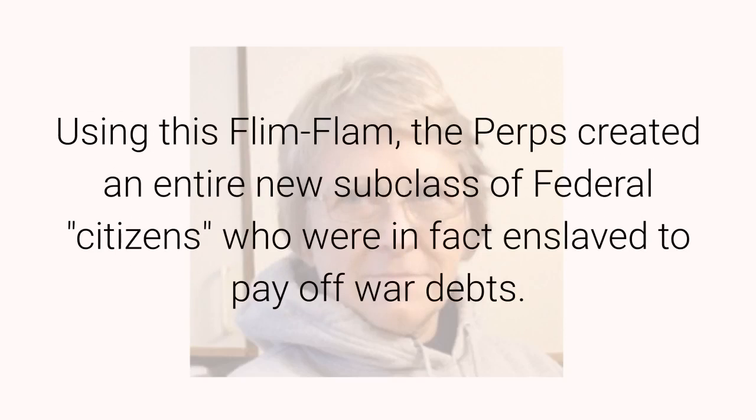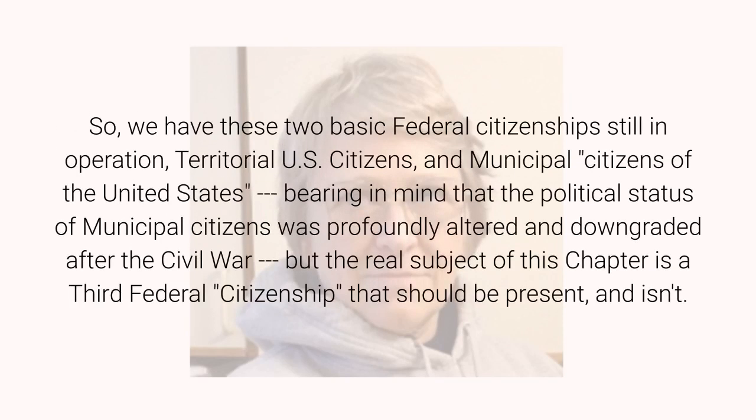Using this flim-flam, the perps created an entire new subclass of federal citizens, who were in fact enslaved to pay off war debts. So, we have these two basic federal citizenships still in operation: territorial U.S. citizens, and municipal citizens of the United States, bearing in mind that the political status of municipal citizens was profoundly altered and downgraded after the Civil War. But the real subject of this chapter is a third federal citizenship that should be present and isn't.